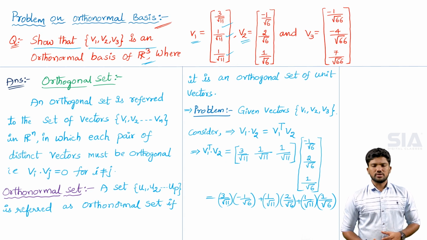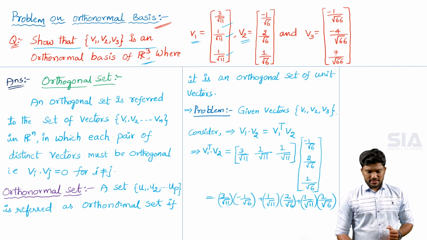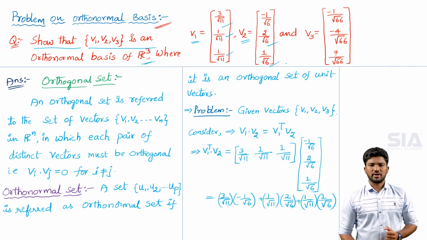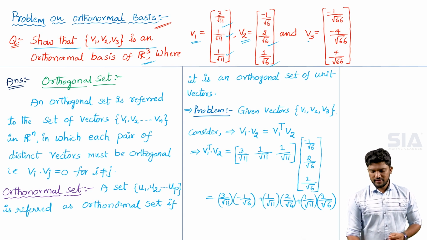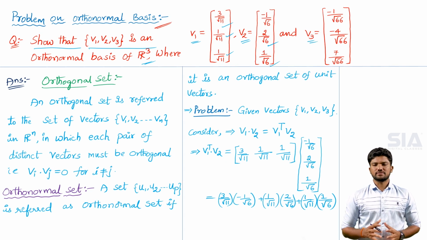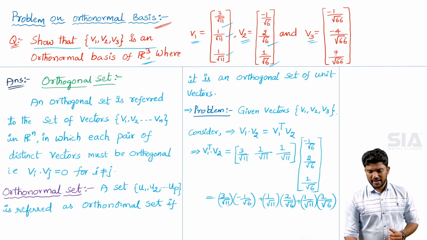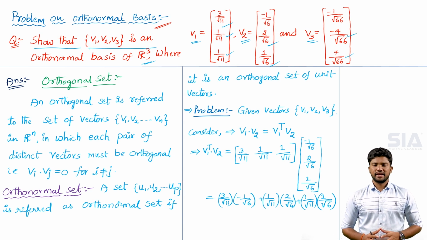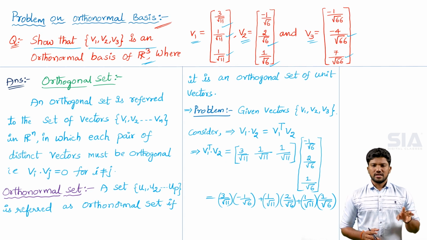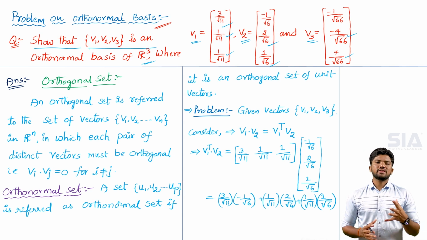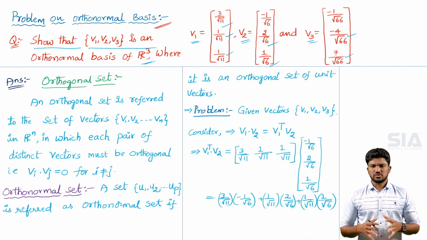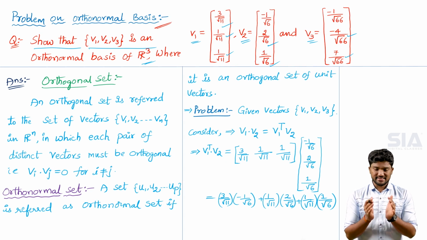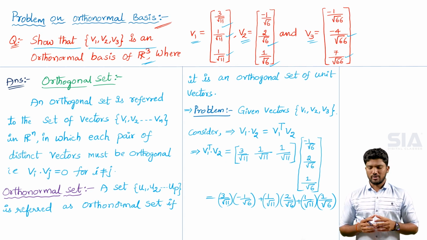The second vector is equal to minus 1 by root 6, 2 by root 6, 1 by root 6. And the third vector V3 is equal to minus 1 by root 66, minus 4 by root 66, plus 7 by root 66. Here we have three vectors, and we have to show that these three vectors form an orthonormal basis.